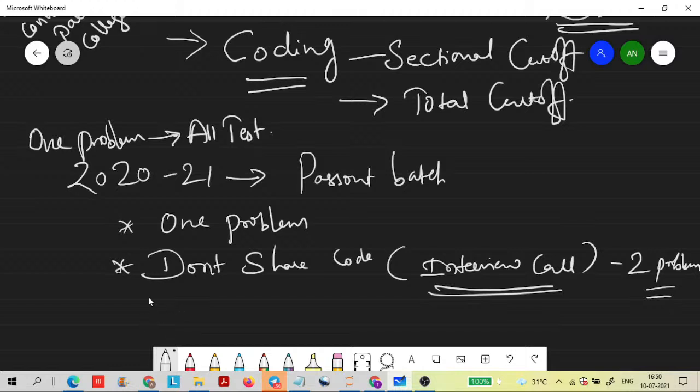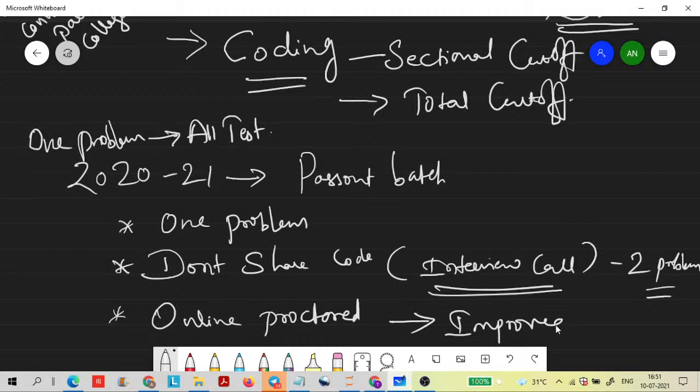Your complete log, how you copy paste and all, the record will be there with them, because it is an online proctored exam, and nowadays they have improved their test conducting style and platform.